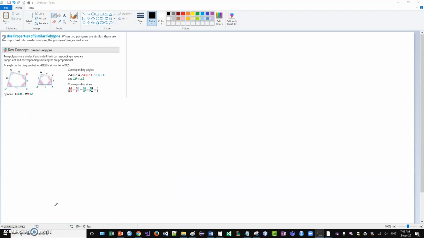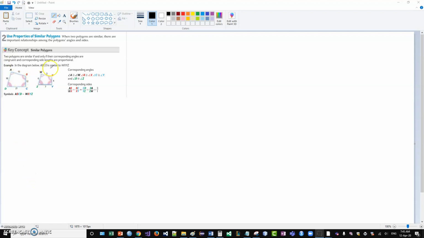Let's look now at the properties of similar polygons. When two polygons are similar, there are important relationships among the polygons, angles, and sides. Basically, the corresponding angles are equal and the corresponding sides are proportional.